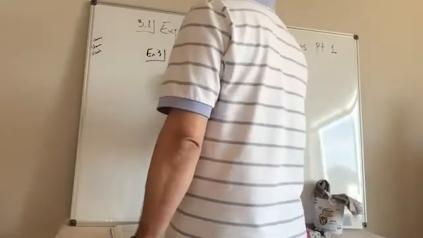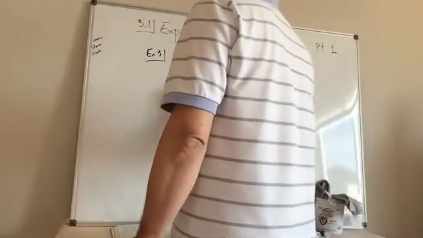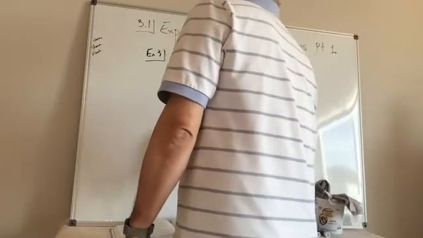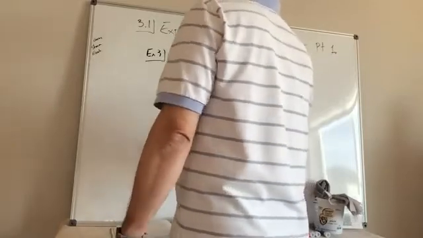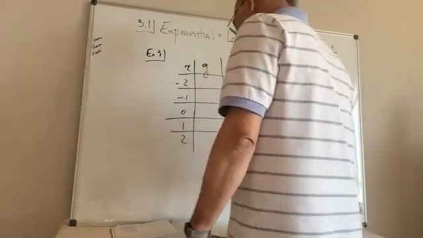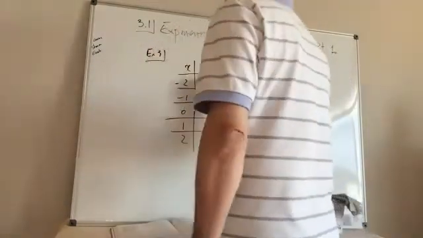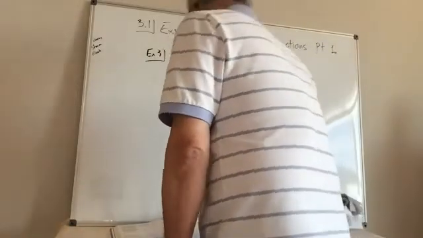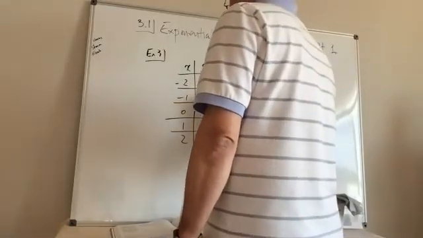So we have x: negative 2, negative 1, 0, 1, and 2. G and H. So we have G is 4/9. And then we're going to have 4/3.